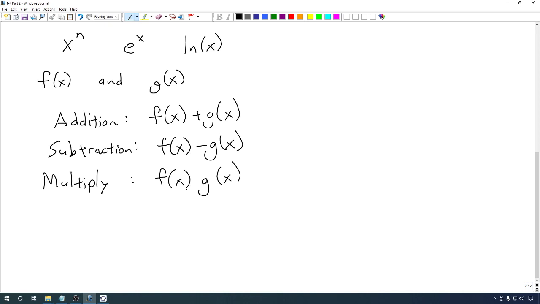I mean, obviously if one of these functions was equal to 0 to begin with, this would not be a new function, but a possible new function. And we could also divide them. And we get a new function. Of course, here we also had to worry about if g is 0, if we get 0 values on the bottom, we had to make sure we exclude that wherever that happens from our domain. Things like that.